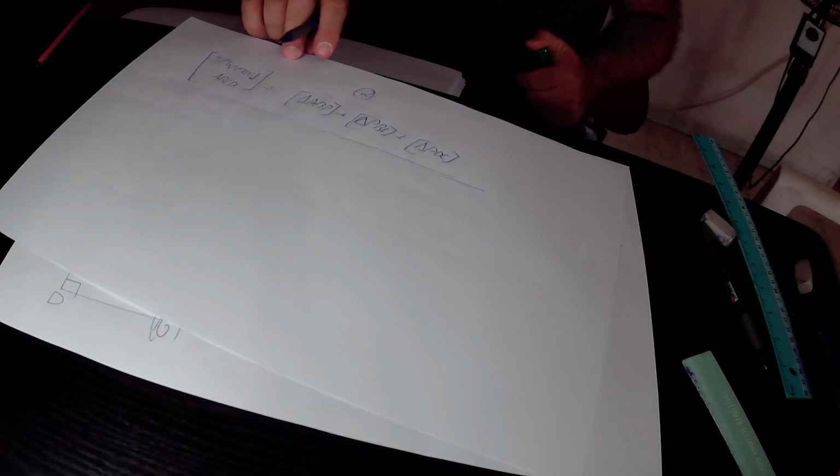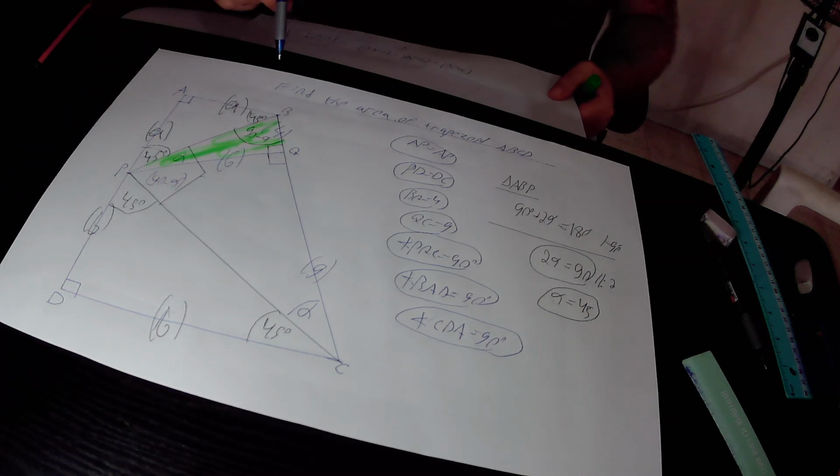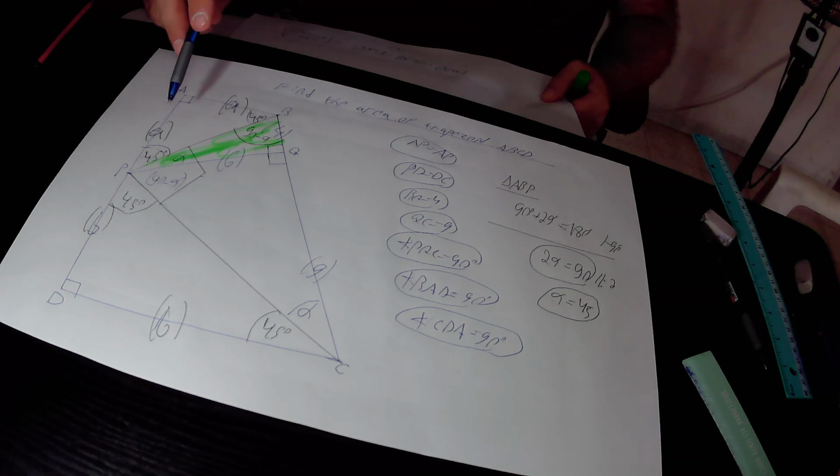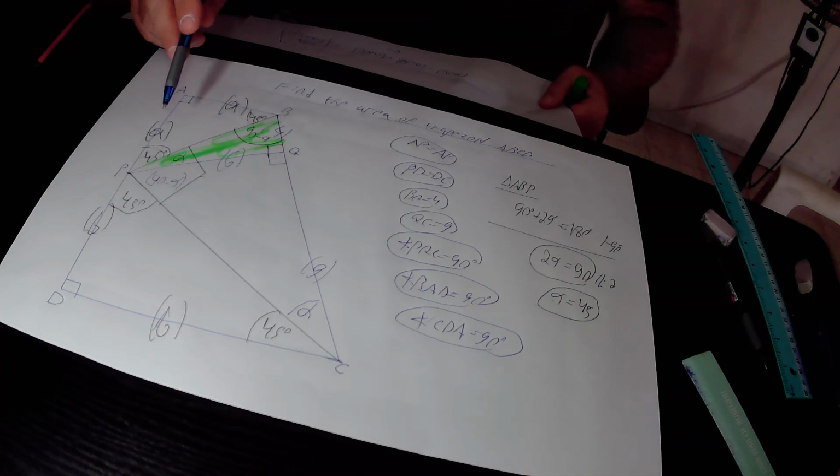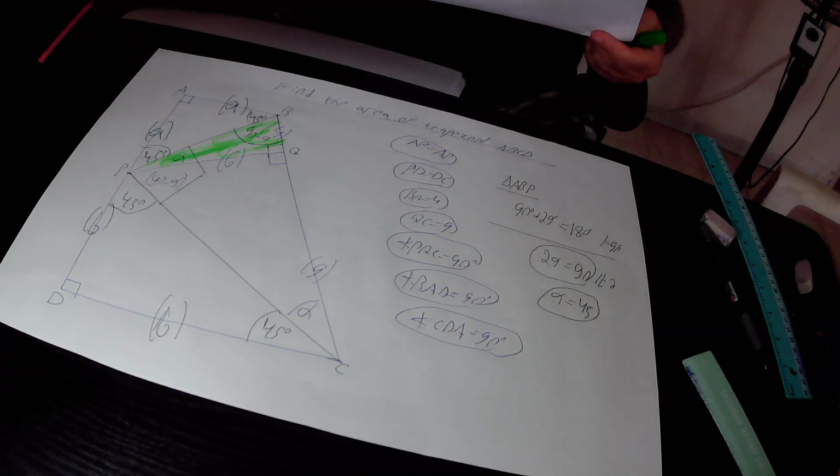It consists of this small right triangle ABP, so it is the area of this right triangle ABP. The second component is the big right triangle PBC, so plus the area of the big right triangle PBC, plus the area of the third component, triangle PDC. Okay.